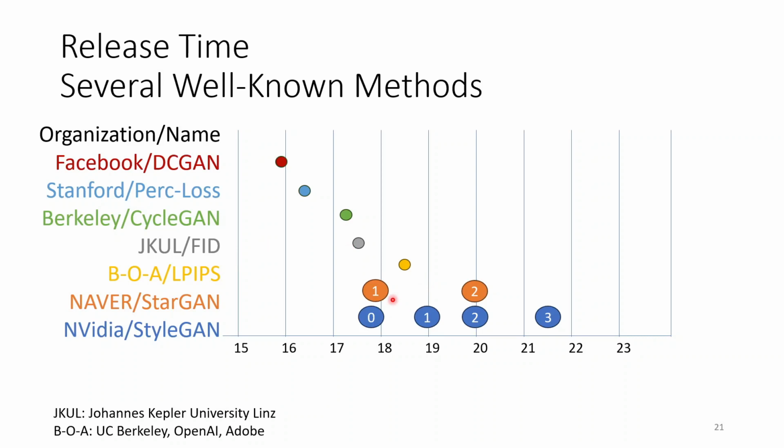At the same time, there are some other very famous GANs that were developed and published. The first one is StarGAN version 1, and almost at the same time, StyleGAN 0. At that time there was no StyleGAN, there was only Progressive GAN.